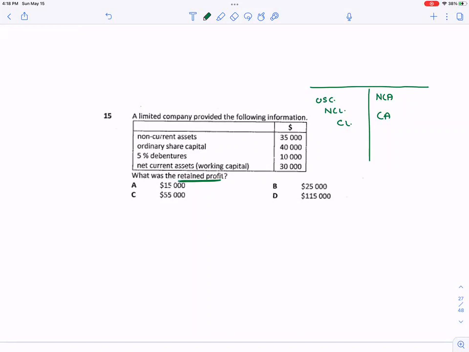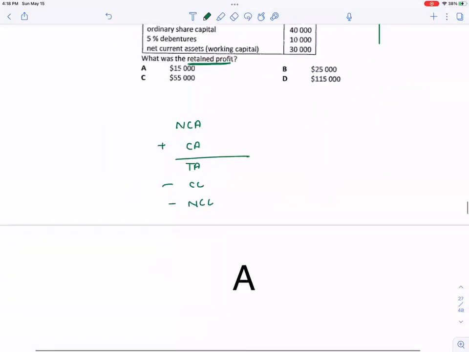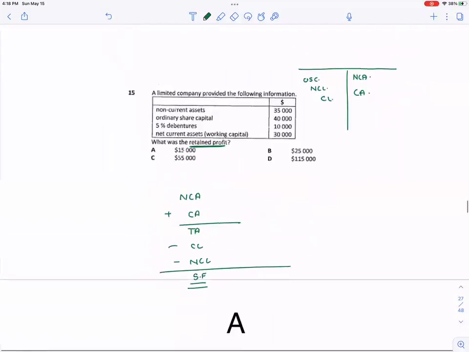Listen to me properly. Non-current assets plus current assets gives us the total assets; minus current liability minus non-current liability gives us our shareholders funds. Are you all with me? Non-current assets is how much? 35,000.